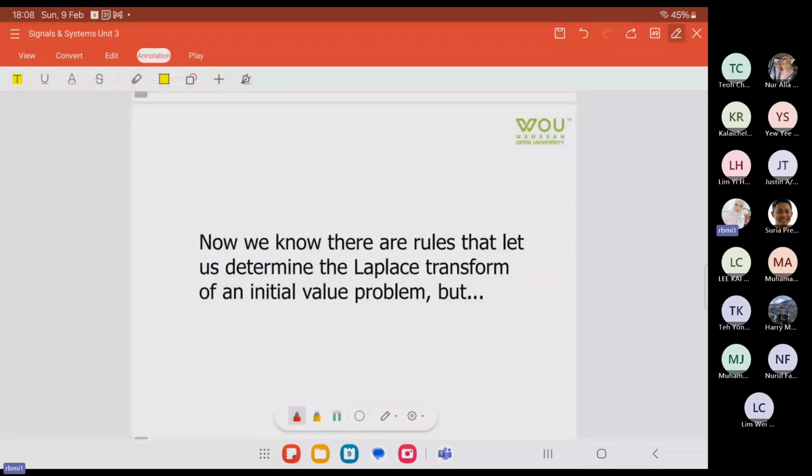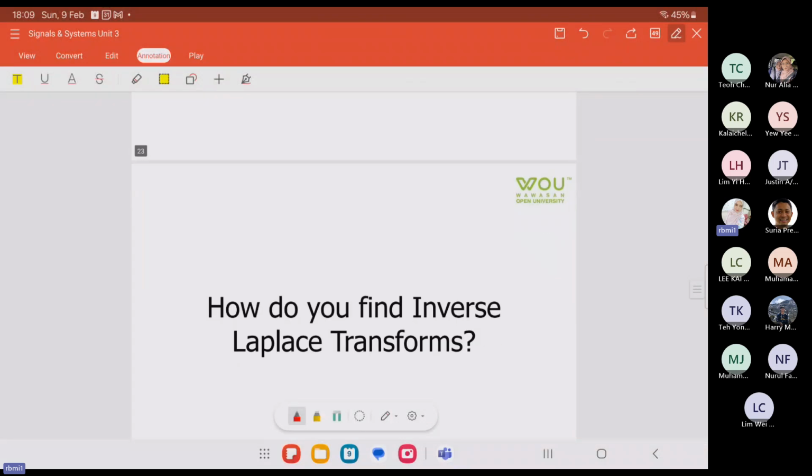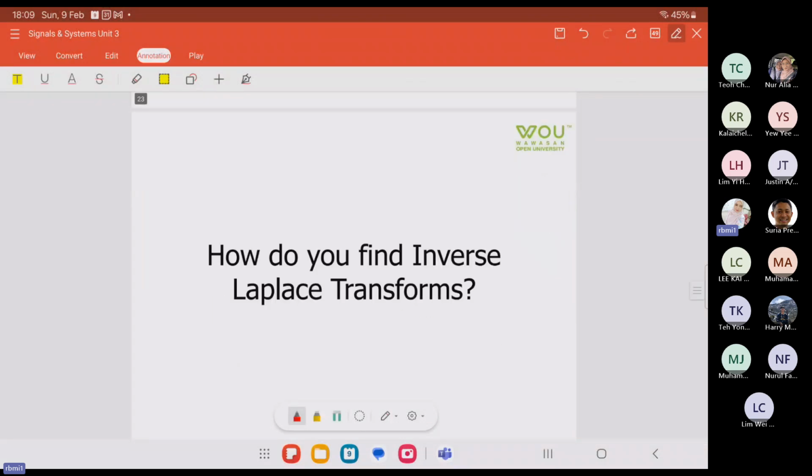Okay, so next, we know the rules that let us determine the Laplace transform, and also we have the initial value problems. The Laplace transform of derivatives is useful; we can get the polynomial in s. And then for the next one, we go to apply the Laplace transform to solve differential equations and simultaneous ordinary differential equations.